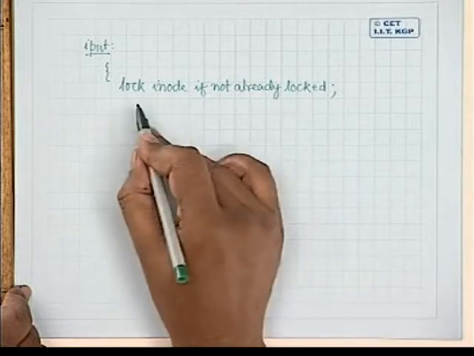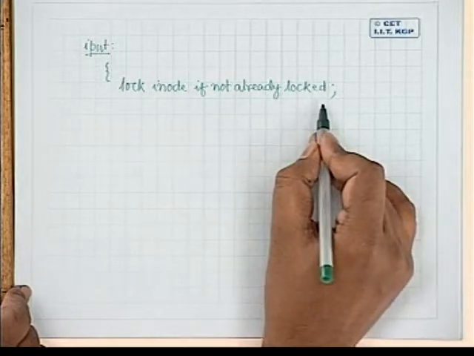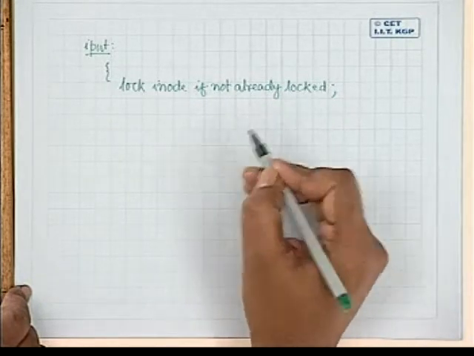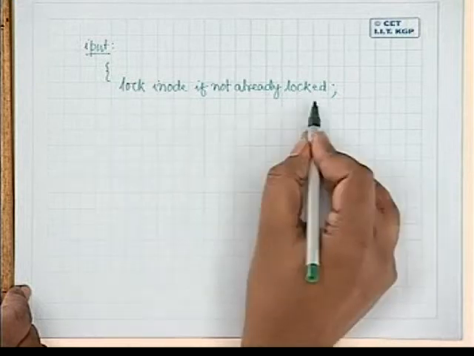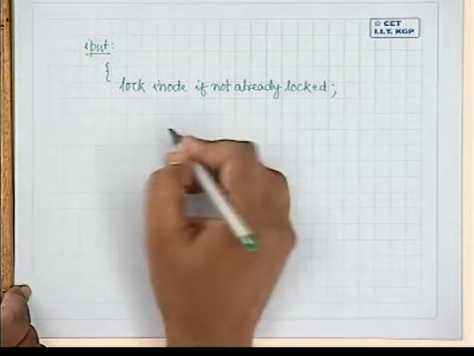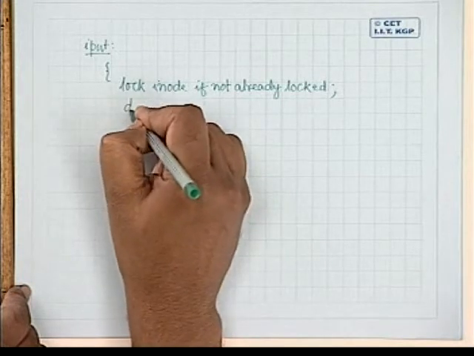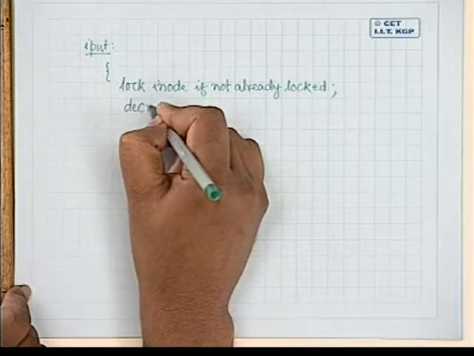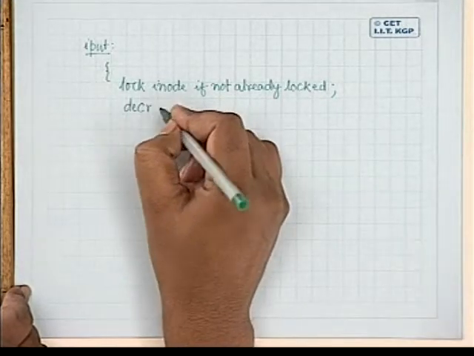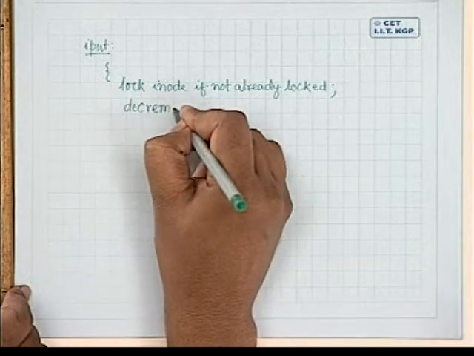To avoid any discrepancy, so that other processes cannot make use of the same inode simultaneously while it is being modified, the first operation is to lock the inode. Then next, because some process has closed the file and is trying to release the inode, I have to decrement the reference count field.